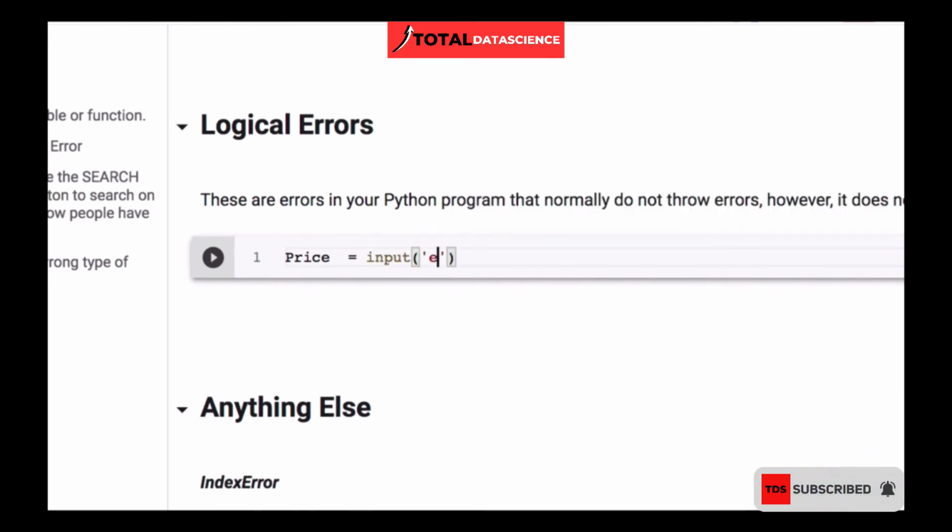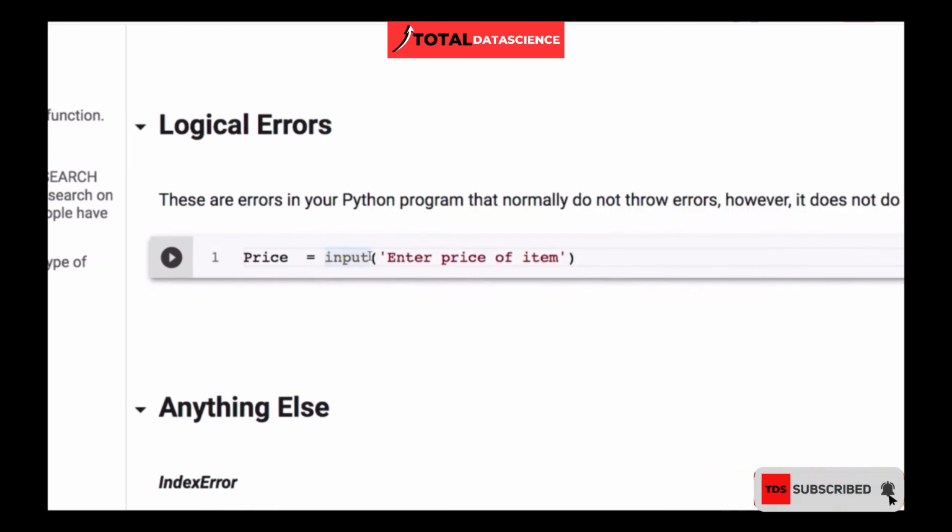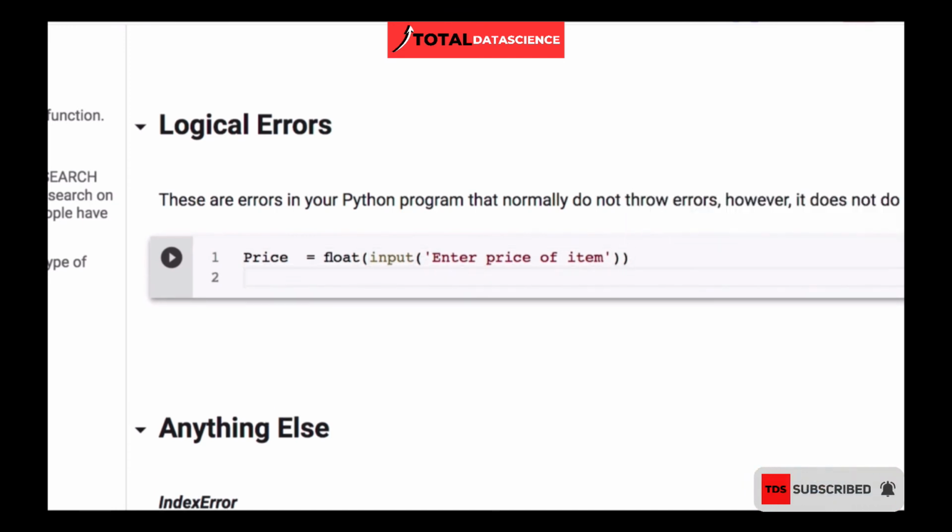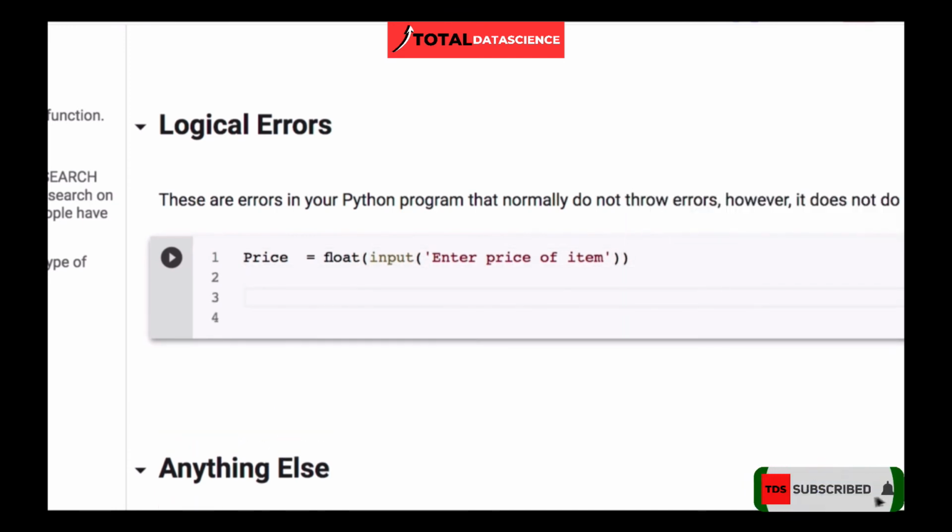Enter price of item. Now remember that I told you that if the user enters a value here, it's going to be seen as a string. So in order to cater for this, I'm going to convert whatever the user enters to a float. Now what I'm going to check is if the price is above my budget or below my budget.